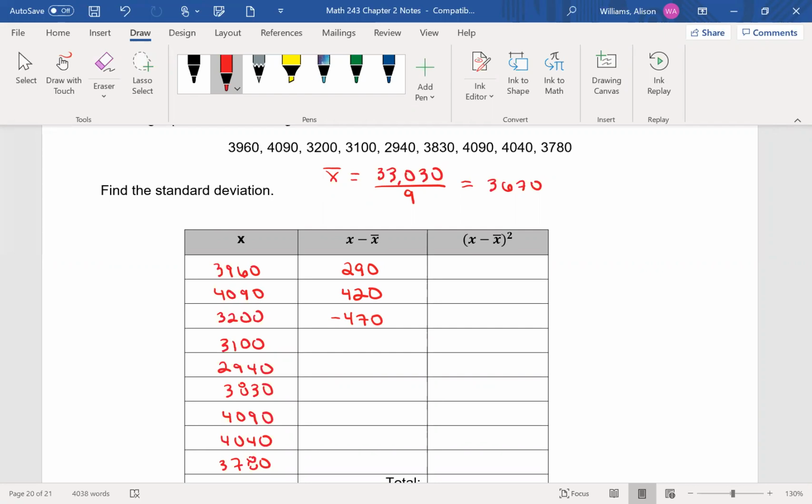This one's negative 570. Negative 730. 160, back to the positives. 420. That last one I just wrote was the same as the second value there. 370 and 110.